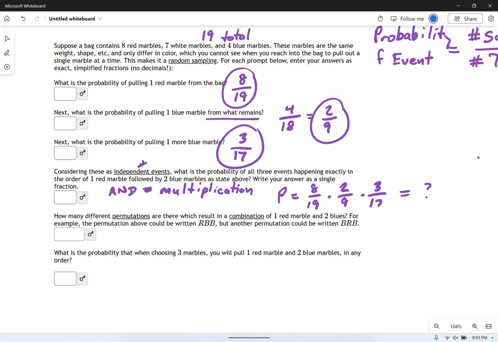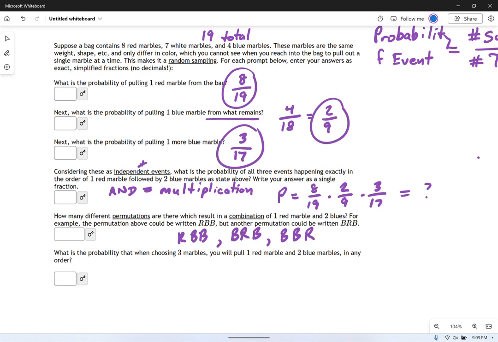Now, here's the wrinkle. There are more than one way to pull 1 red marble and 2 blues out of this bag. I'll give you some examples. You could go red, blue, blue. That's a possibility. But another way you could do this is blue, red, blue. And another possibility is blue, blue, red. Those are all possible ways to pull out 1 red and 2 blues.